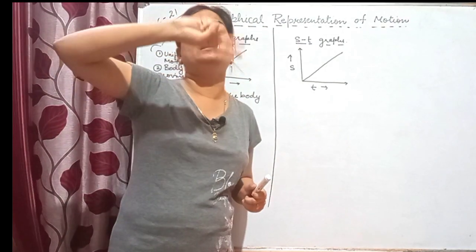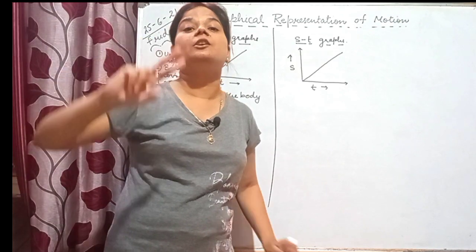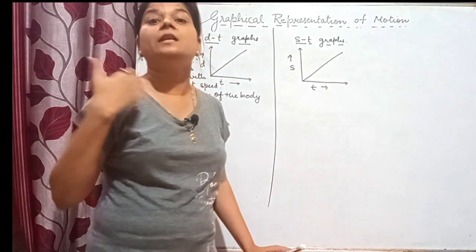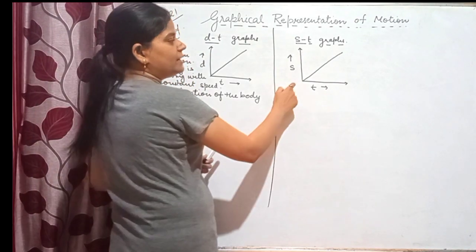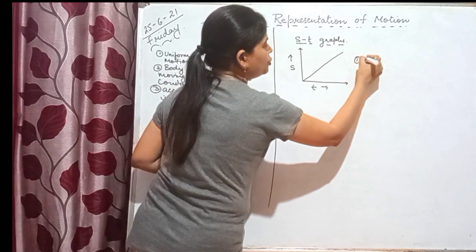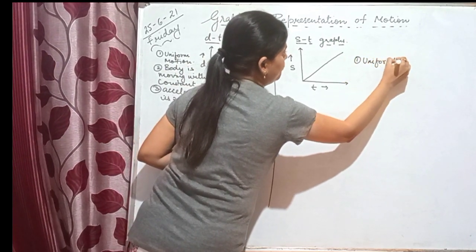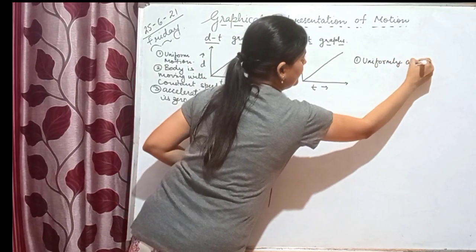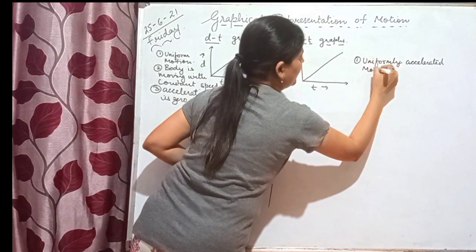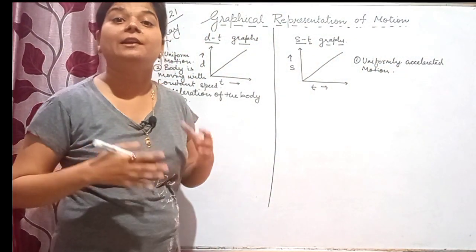The straight line is showing that the speed is increasing uniformly with time, right? So this type of graph is representing a motion which is uniformly accelerated motion.